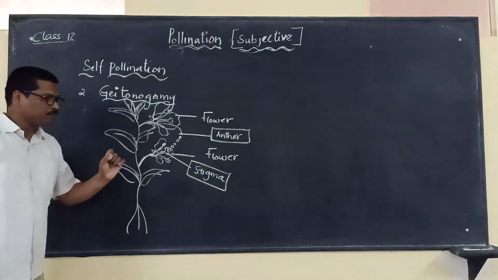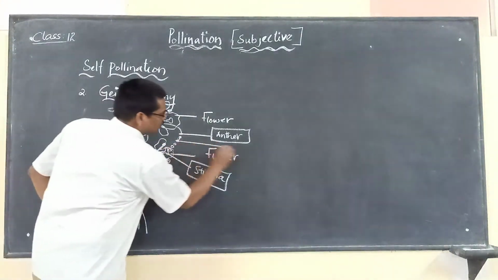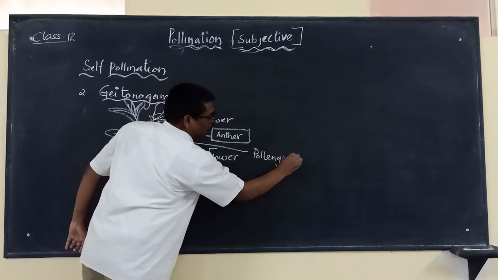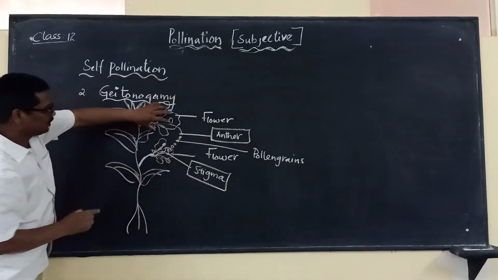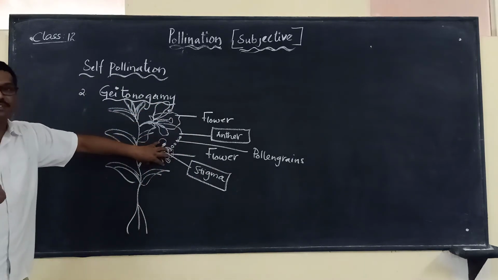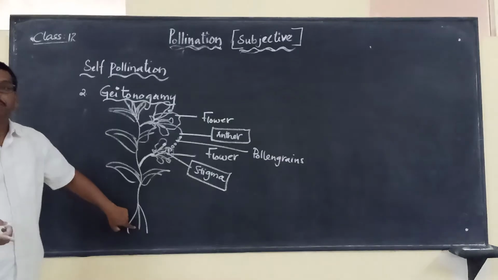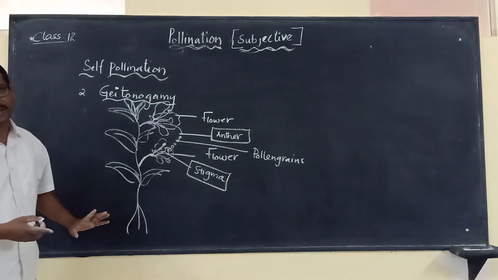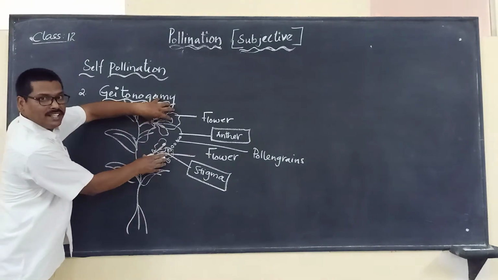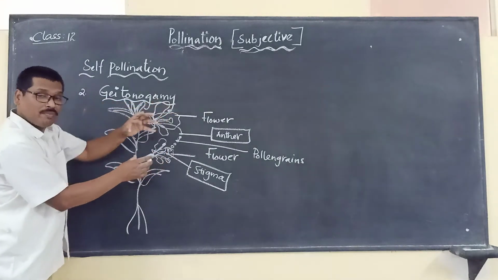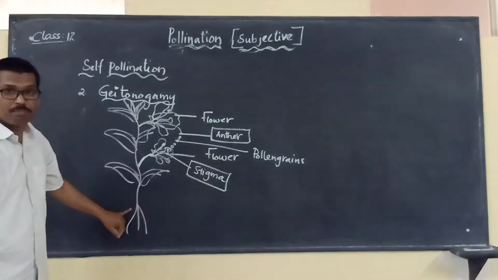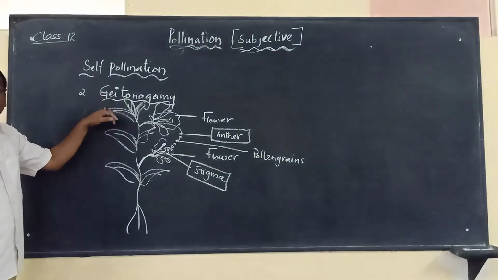So transfer of pollen grains from the anther of one flower to the stigma of another flower born on the same plant. Here the plant is one only, but there are two flowers. So when the pollination is taking place between two flowers born on the same plant, what are we calling it?